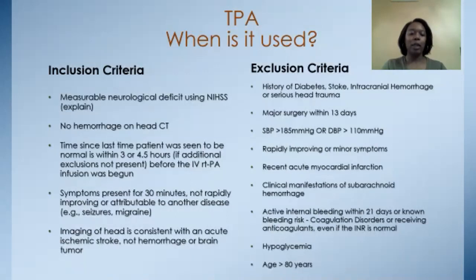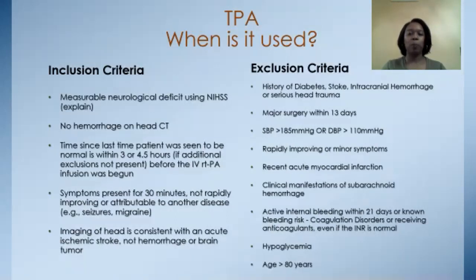Images of the head is consistent with acute ischemic stroke, not a hemorrhagic or brain tumor. So all these criteria are very important when determining if a patient should use TPA.